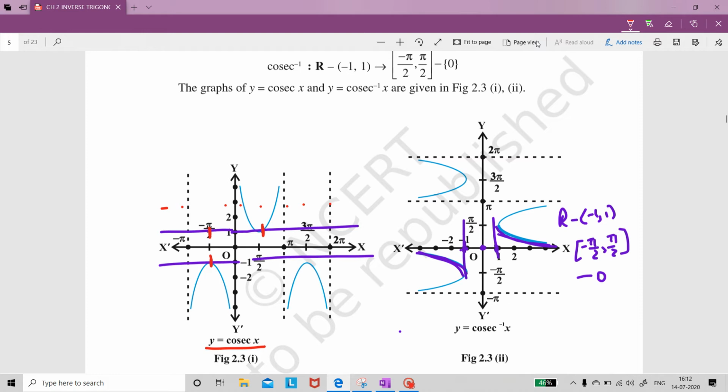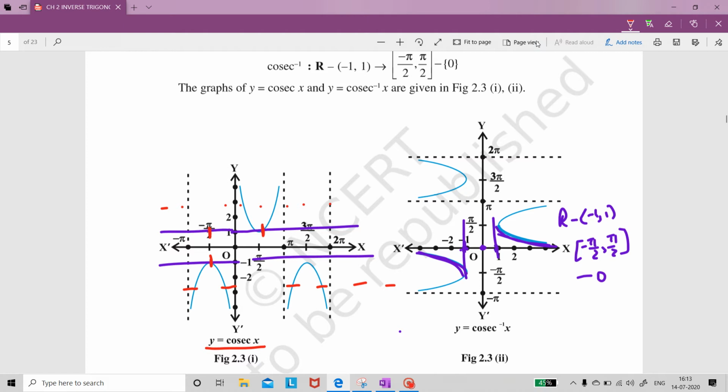If you draw any line parallel to the x-axis, it cuts the curve at many points, all at the same level. And if the portions of the curve continue in both directions, then at infinitely many points the line parallel to the x-axis is cutting the curve. So this is also assuming the same value for many points of the domain. So the function cosec x is also not one-one.